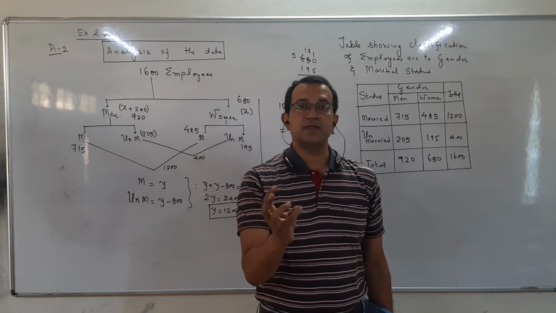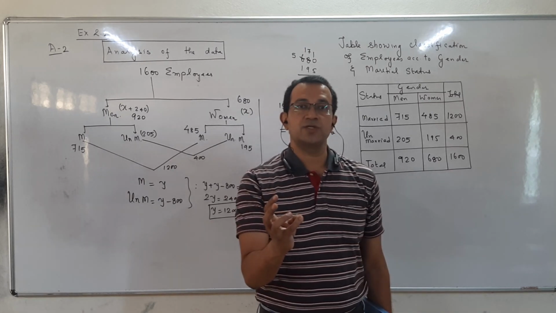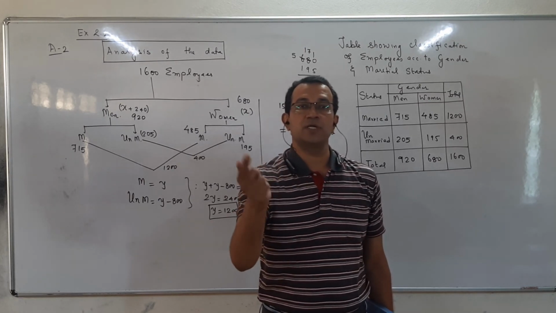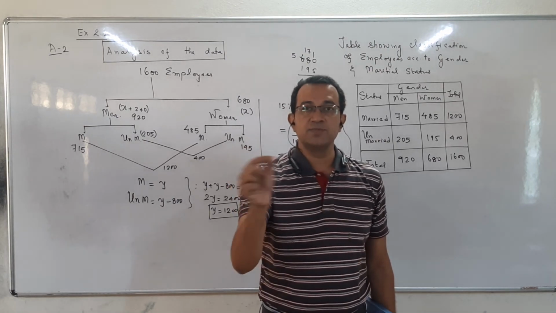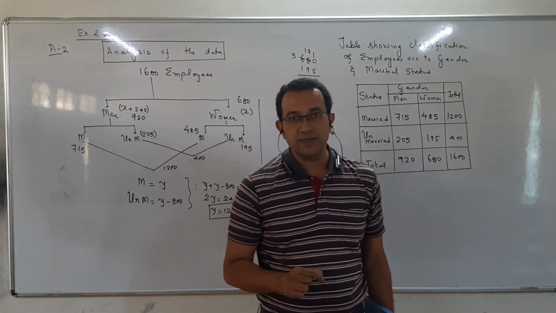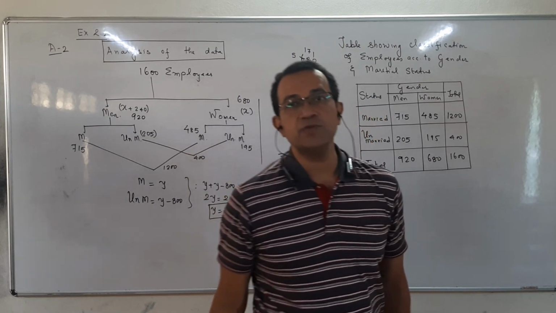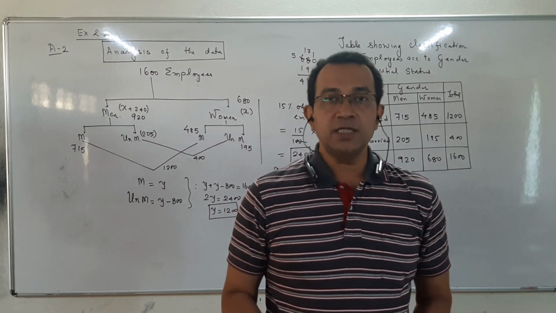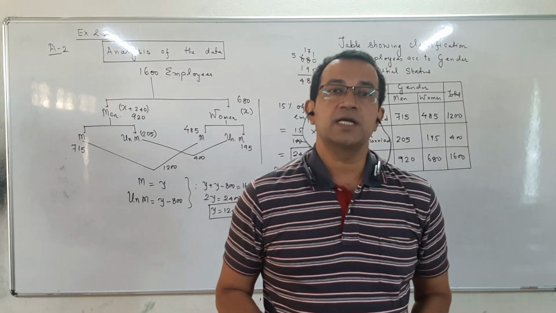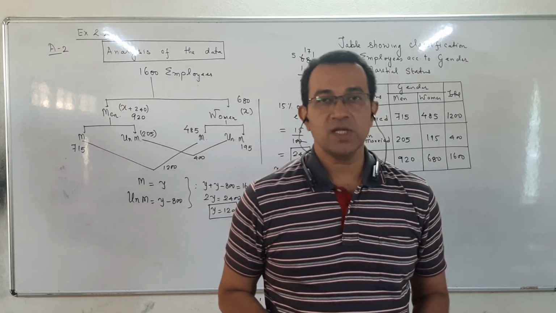What is simple classification? A classification based on only one attribute is called simple classification. What is multiple or manifold classification? A classification which is based on two or more attributes is called multiple or manifold classification.